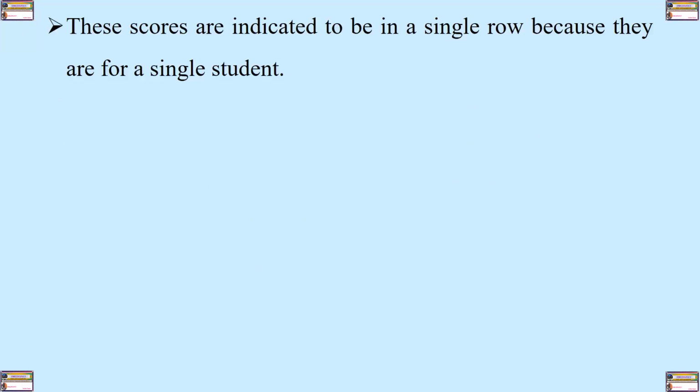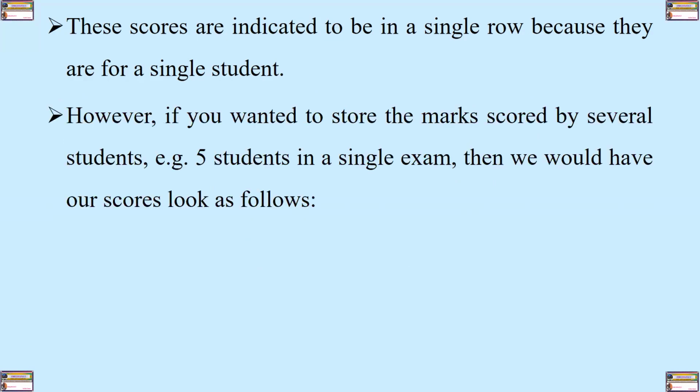And therefore, these scores are indicated to be a single row because they are for a single student, as you have seen. However, if you want to store the marks scored by several students, for example, 5 students in a single exam, then we would still have it as a single dimensional array. And we would, for example, store it in the form of a column.